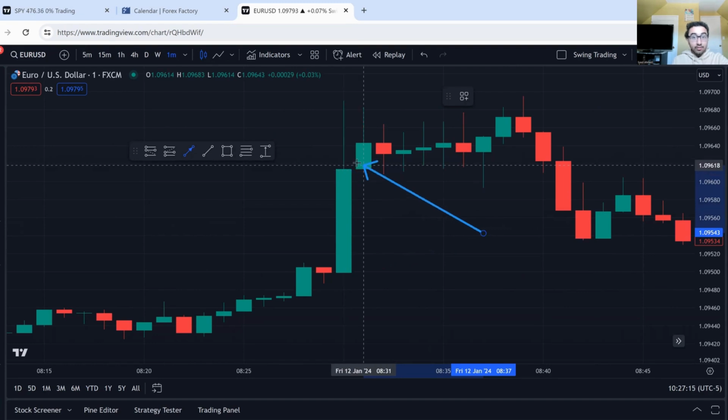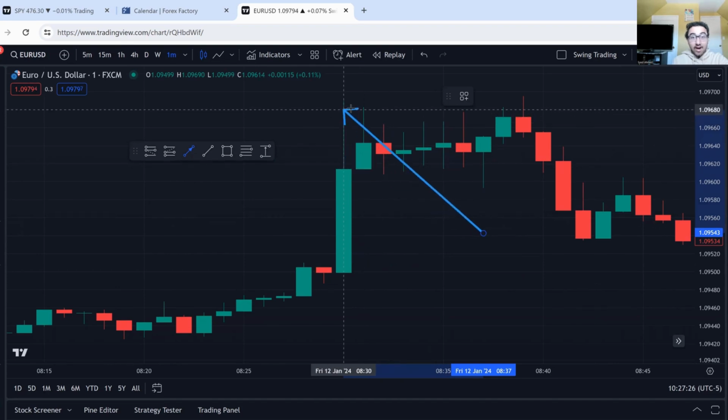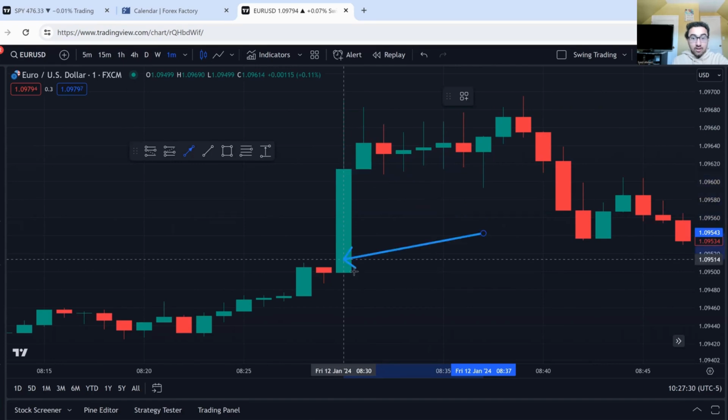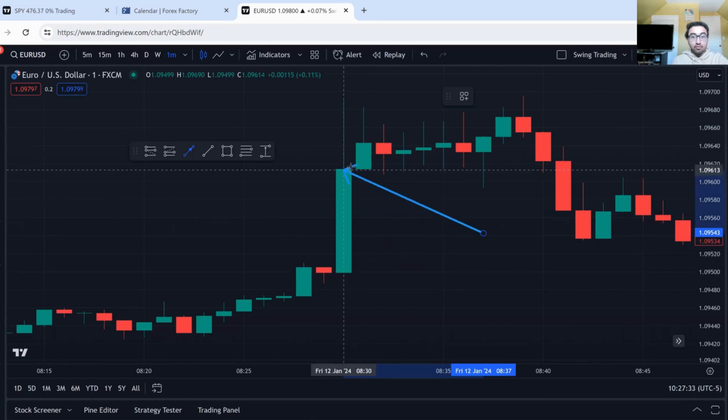Now, what does a wick mean? It means that price was at one point here, but it failed to continue staying there. It failed to close at that point. So the bulls at these levels were trying to push price higher and higher and higher. They got it at one point, but they failed to maintain that, right? So this means that from here forward, the bulls were in control. From here forward, the bulls were there for a moment, and the sellers stepped in. What does this tell you guys?